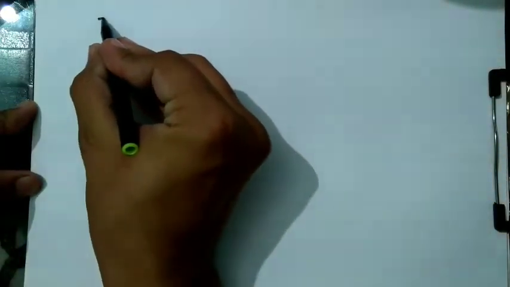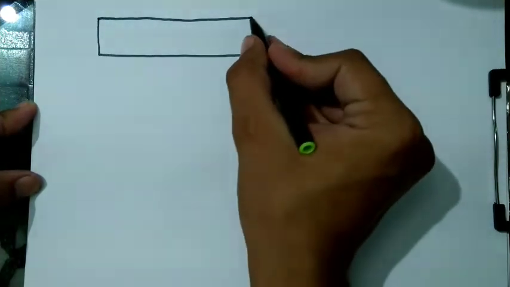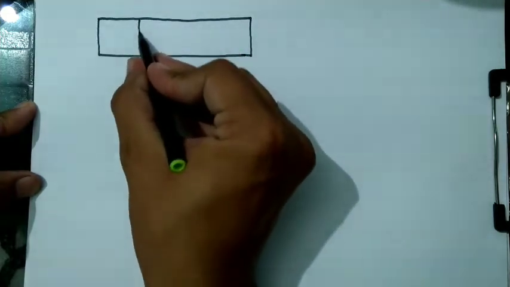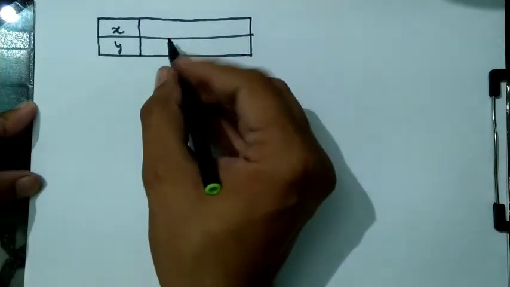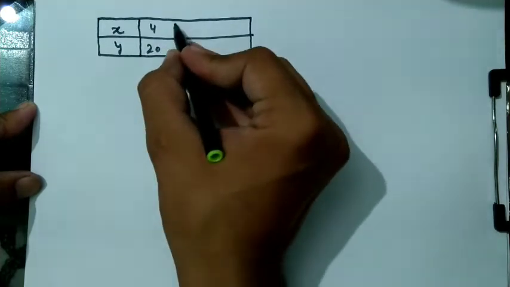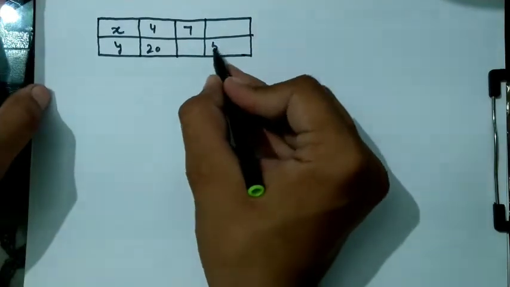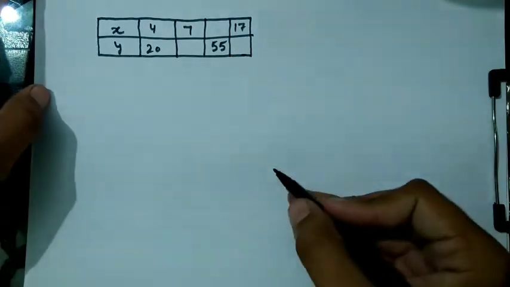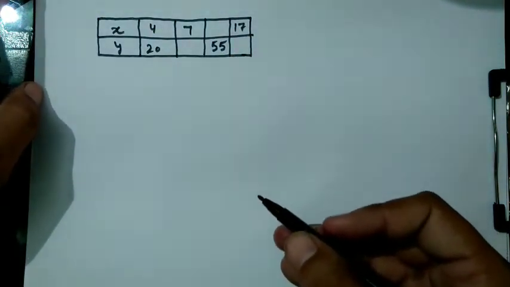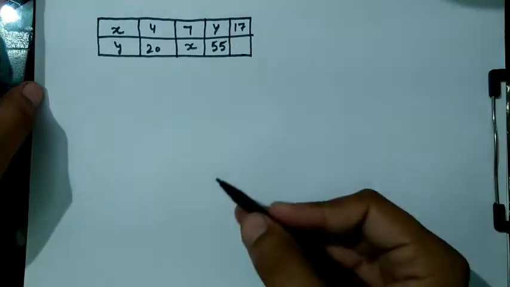So your question is, in the case of direct variation, if they give you this type of box, and in the box they write x and y inside: here is a 4, here is 20, here is 7, and here is 55, and here is 70. Our question is, we have to find the value of this x and this y.